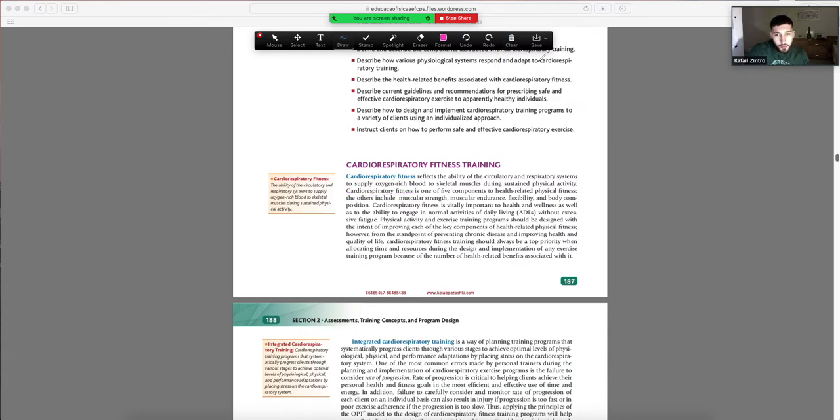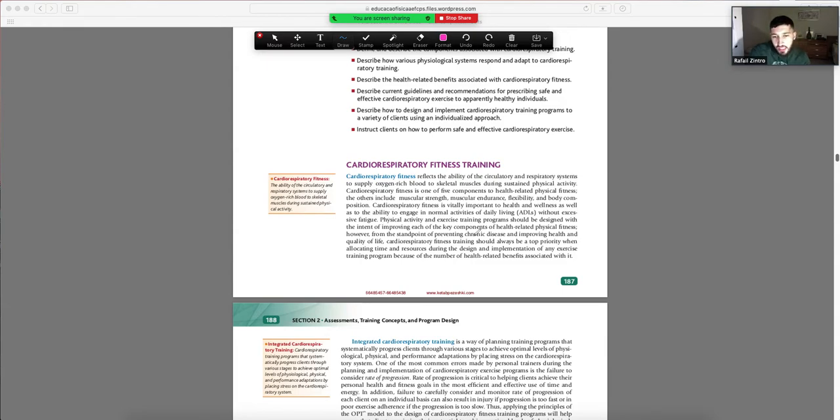All right. So cardiorespiratory fitness is vitally important to health and wellness, as well as the ability to engage in normal activities of daily living, ADLs, without excessive fatigue. Okay. Physical activity and exercise training programs should be designed with the intent of improving each of the key components of health-related physical fitness.